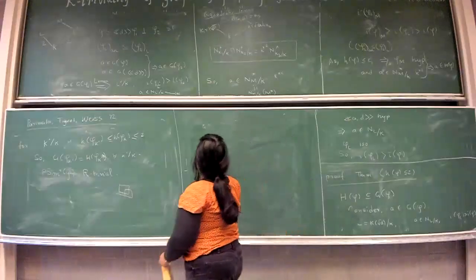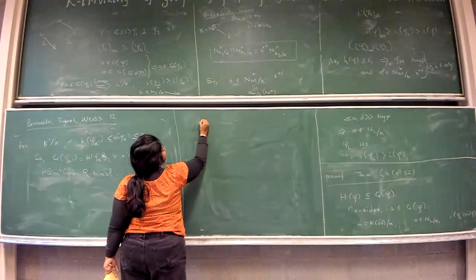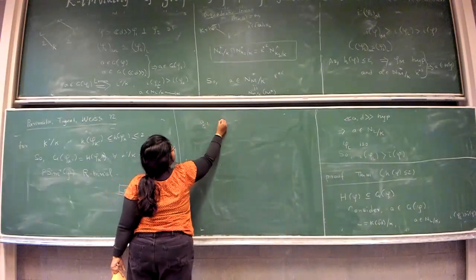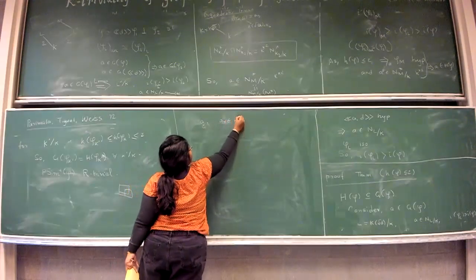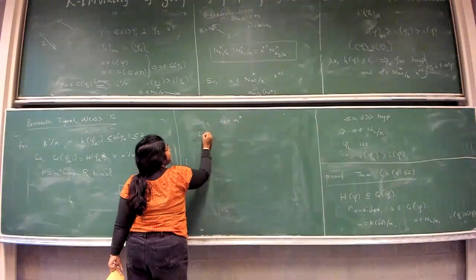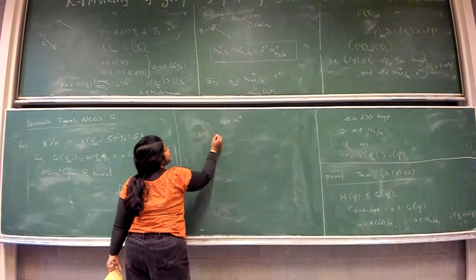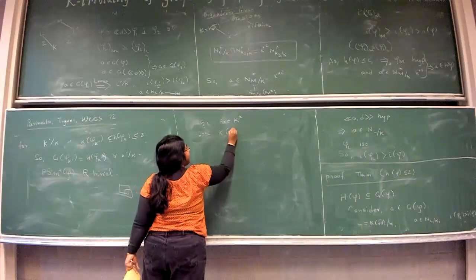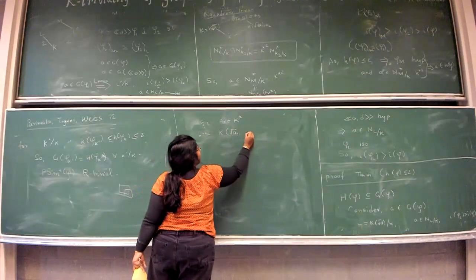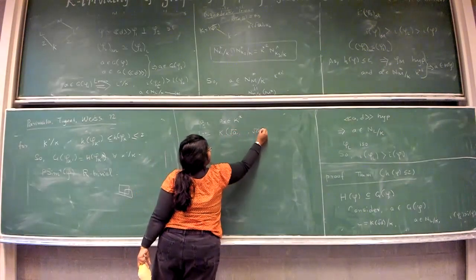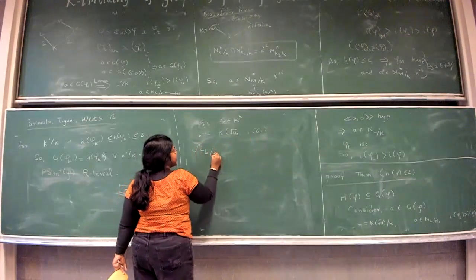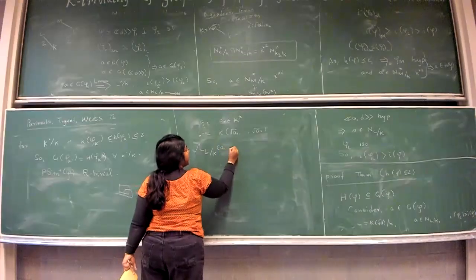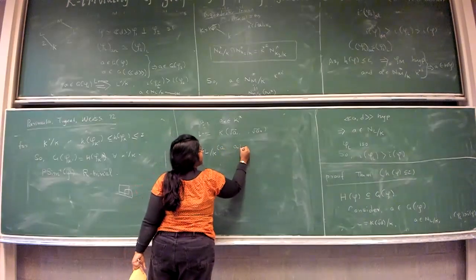It's like you are just taking some non-zero elements from the field and you have the multi-quadratic extension. This lambda is how it is defined.